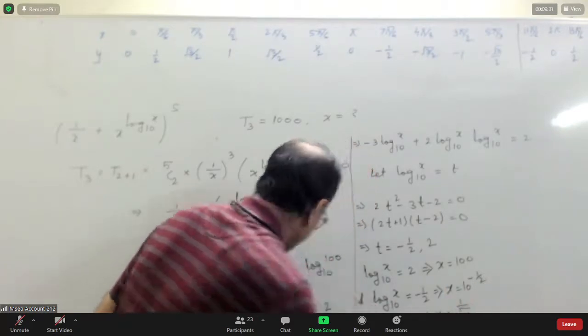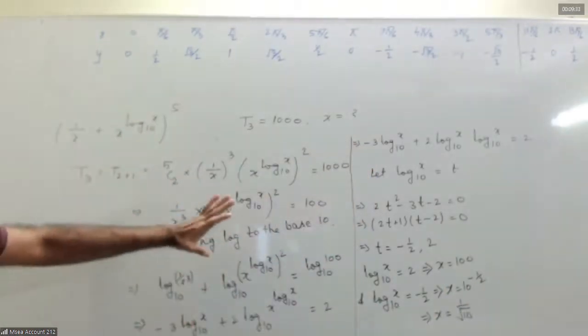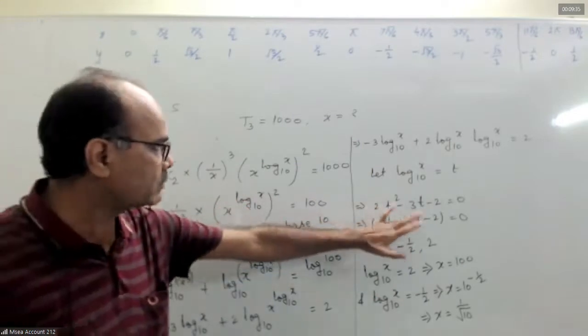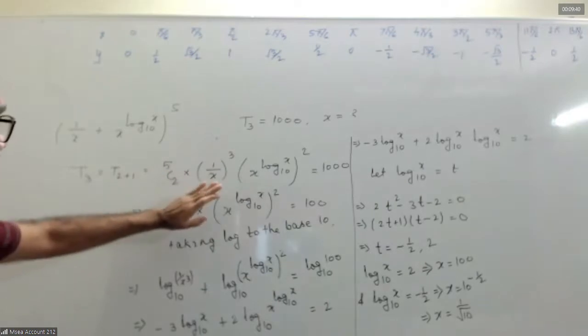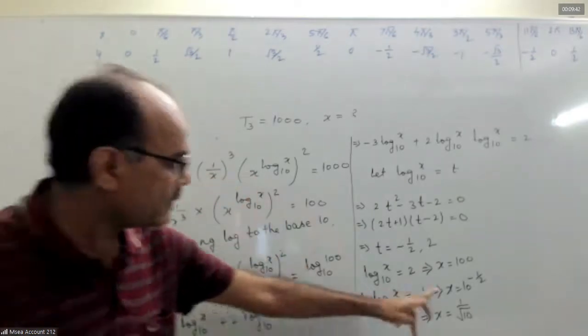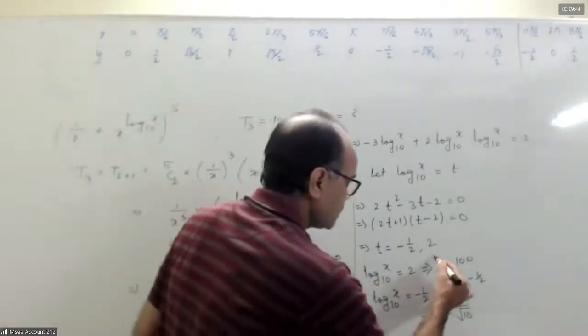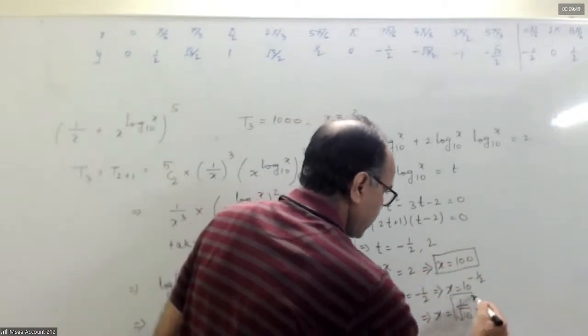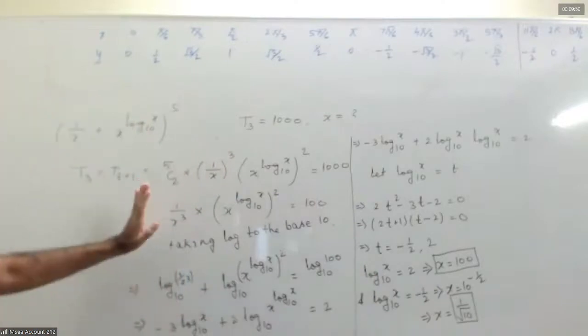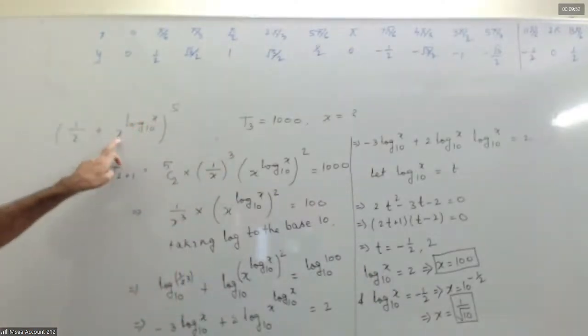Now, we have taken log and all, because this is not the original equation we solved. This is the original equation. So finally, we have to check the original equation, x is 100 and 1 by root 10. So everywhere this will be defined.